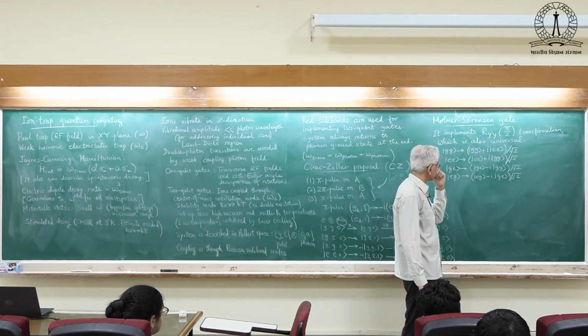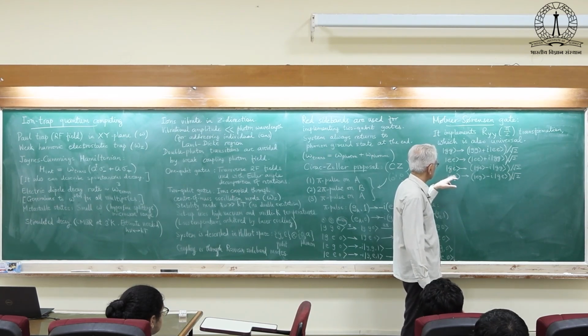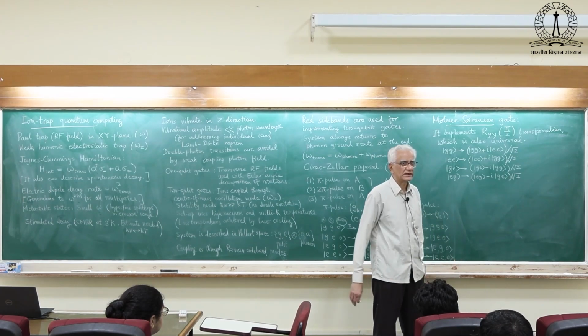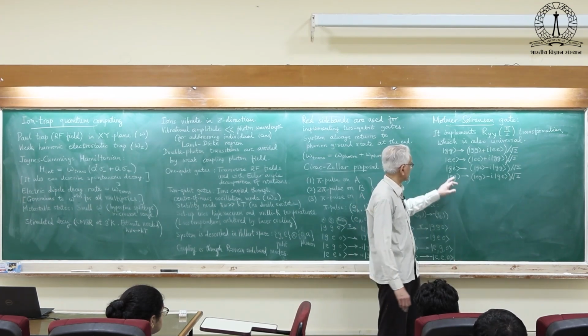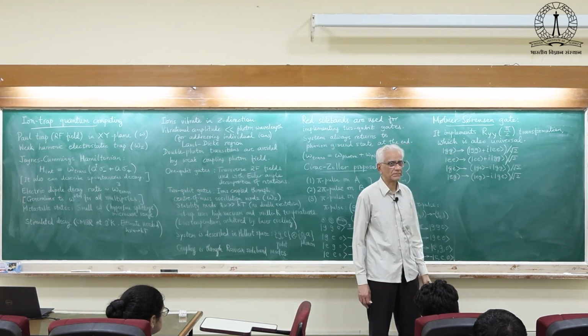And this opposite sign comes because when you act by sigma y, it's an off-diagonal matrix. G goes to E and E goes to G, but the sigma y is antisymmetric, so there is a sign flip if there are two opposite ones compared to the two which are the same type.